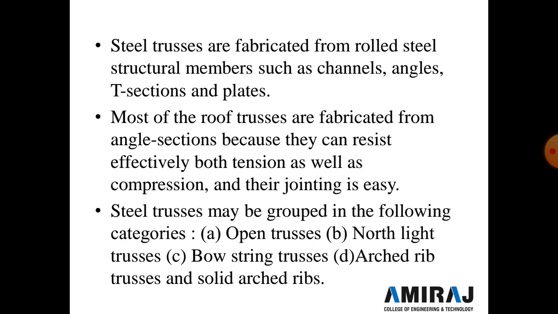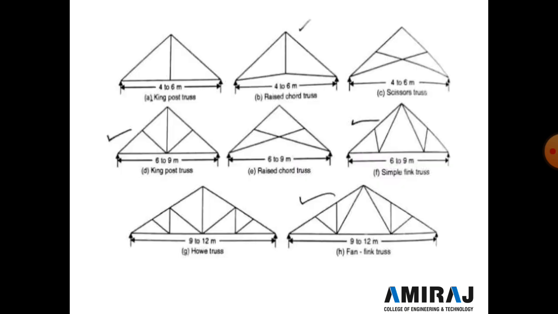Steel trusses may be grouped into categories like open truss, north light truss, bowstring trusses, arch rib truss, and solid arch ribs. Here different figures of trusses are given: king post truss, second is the cord truss, third one is the king post truss, and here the Howe truss, fan fink truss, and simple fink truss.